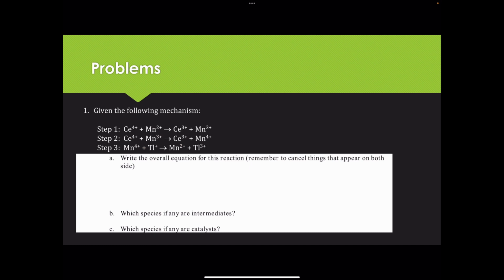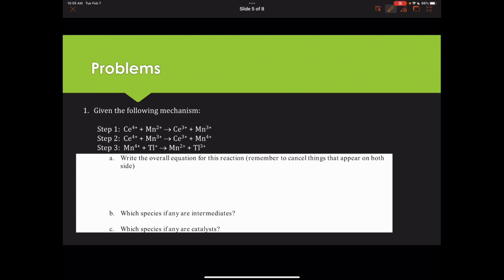So with problem 1 here, this is giving us practice with writing overall equations, identifying which species are intermediates or catalysts. So again, if we're going to determine our overall equation, we're going to add up our elementary steps. When we're adding up those elementary steps, we are canceling things that appear on both sides of our arrows. So I see I've got an Mn3+ as a product and as a reactant.